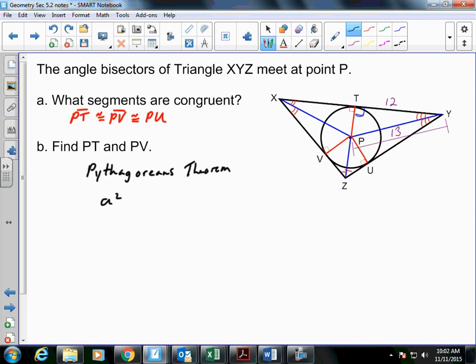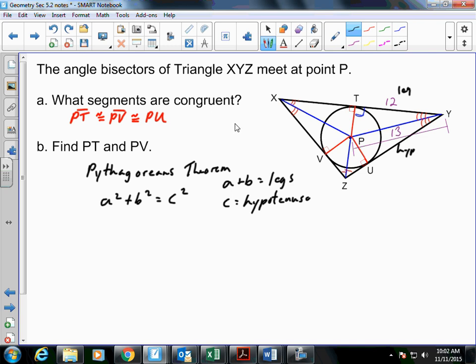Which says that a squared plus b squared equals c squared. And the thing you have to remember is that a and b are the legs of the right triangle, and c is the hypotenuse. So when we look here, they gave us 12, which is a leg, 13, which is the hypotenuse.